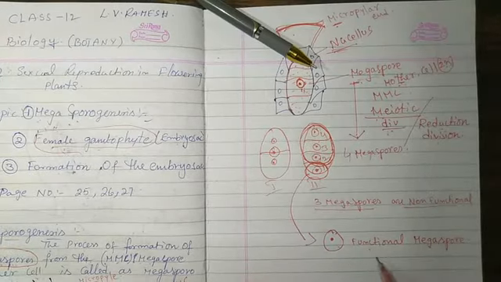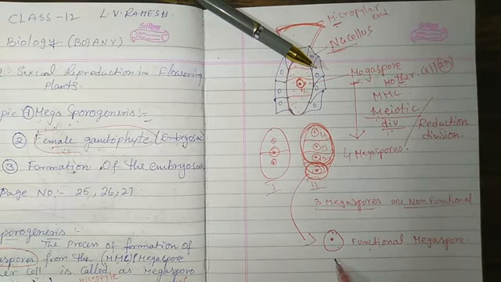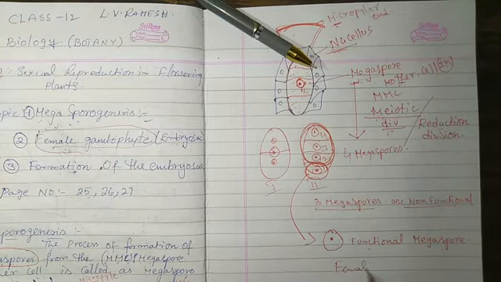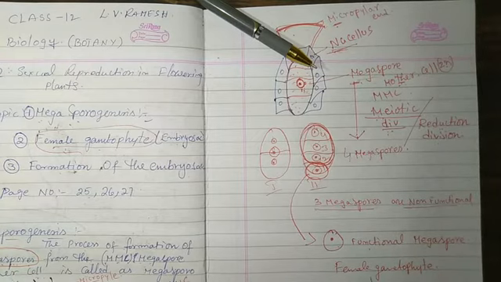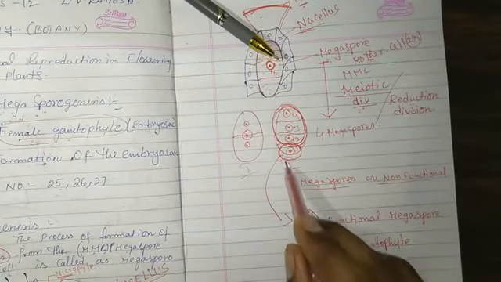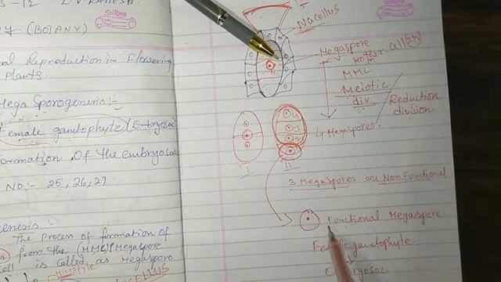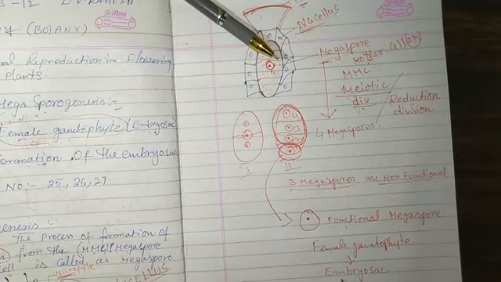So this functional megaspore develops into a female gametophyte. And the female gametophyte is also known as the embryo sac. That means this functional megaspore develops into a female gametophyte or embryo sac.